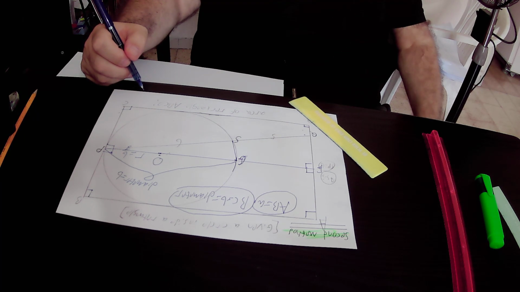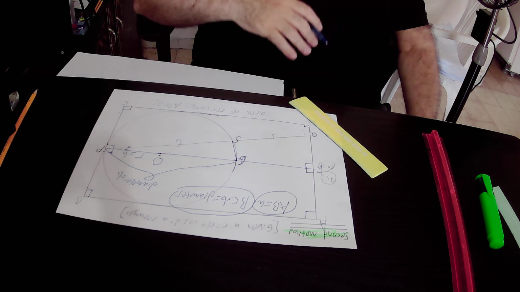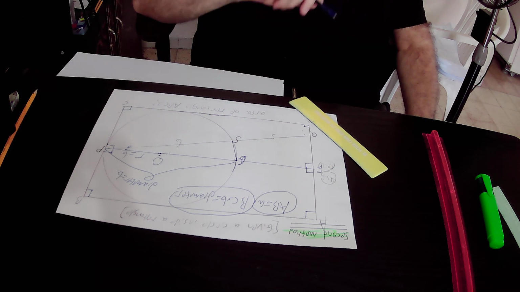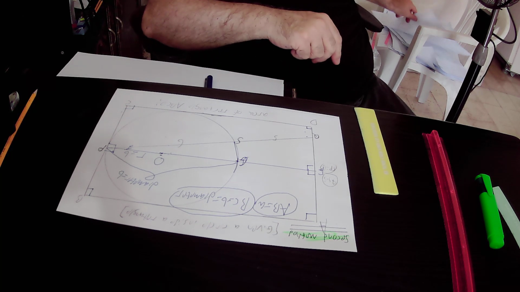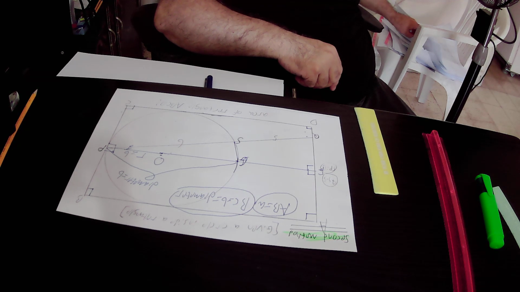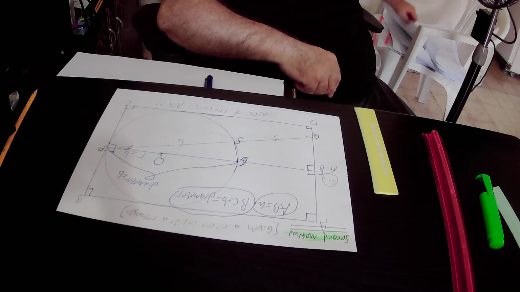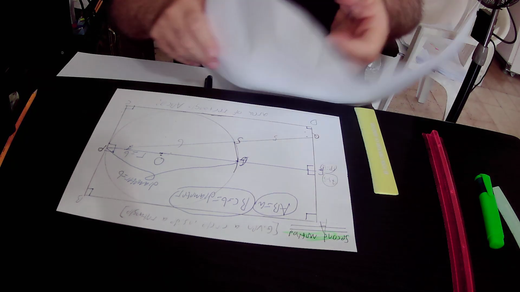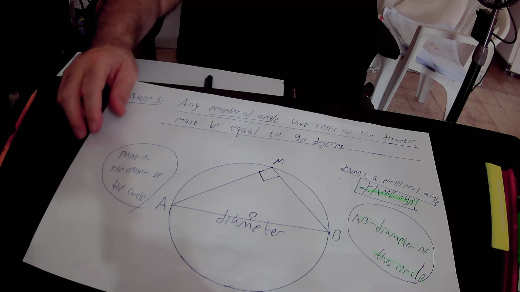Here we have peripheral angle GSP that rests on GP, that is the diameter of the circle. And we actually have rule number 5 that relates to peripheral angle that rests on the diameter of the circle.